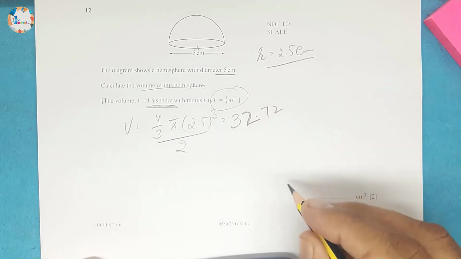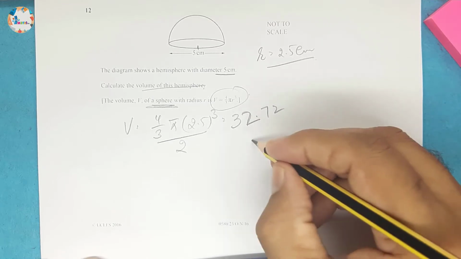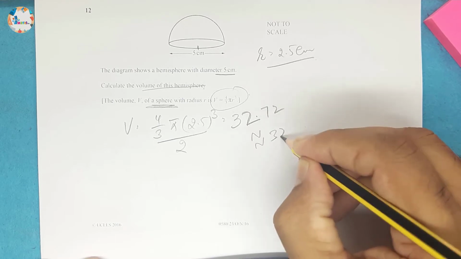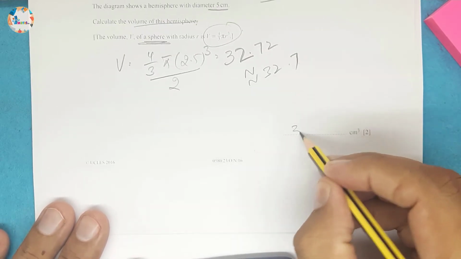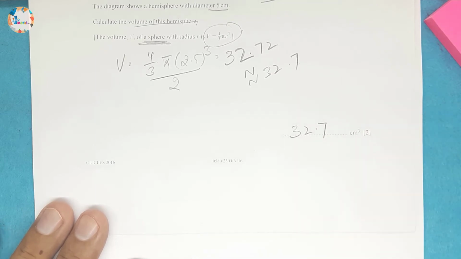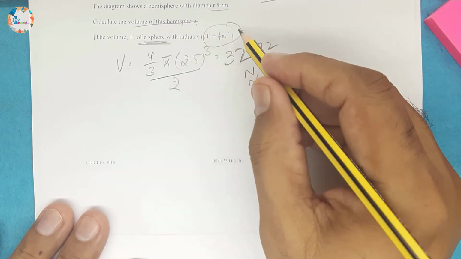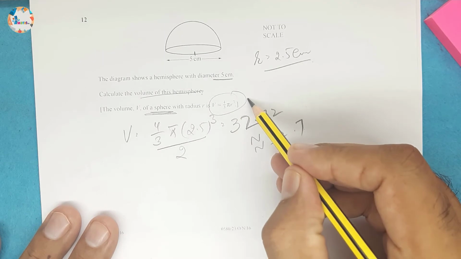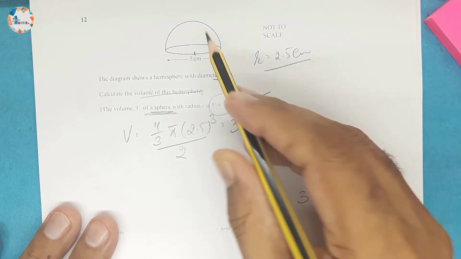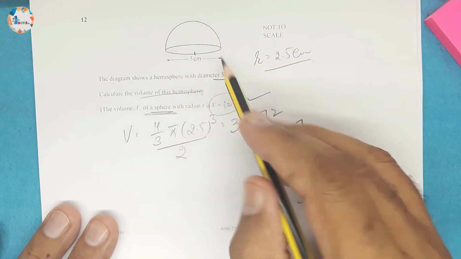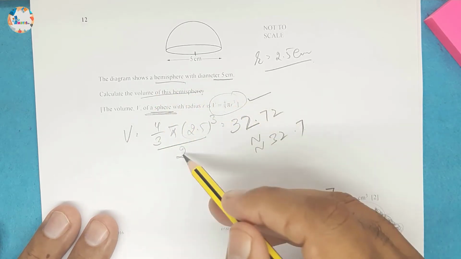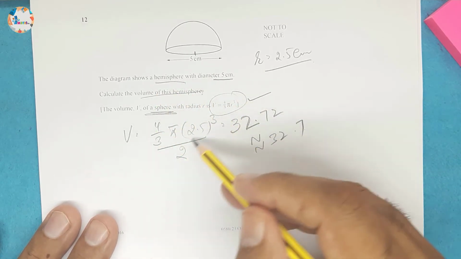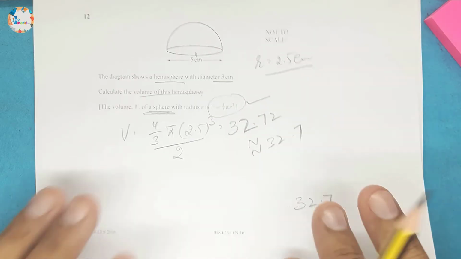This will be our answer, so approximately equal to 32.7. So we'll write final answer as 32.7. You will have to be careful because the formula they have provided is for a sphere, but we are having a shape half of the sphere, which is hemisphere. So hemisphere will be this volume divided by 2. So you will have to use this formula like this.